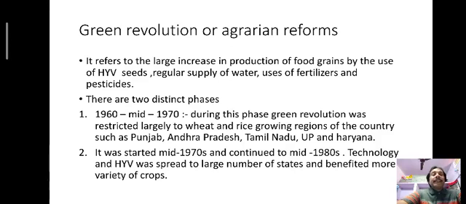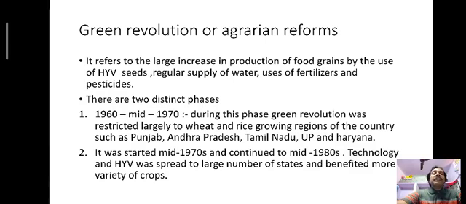There are two distinct phases of green revolution. The first phase starts from the mid 1960s to the mid 1970s, meaning during 10 years. During this phase, green revolution was restricted largely to wheat and rice growing regions of the country.